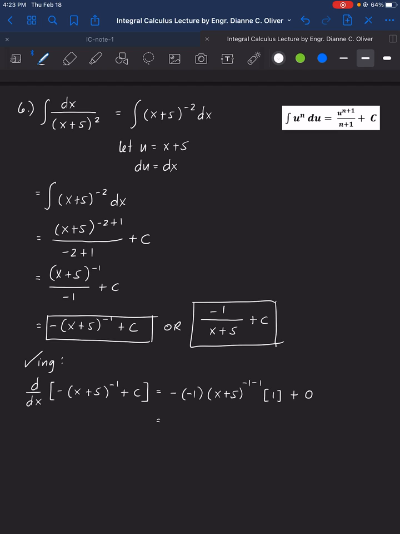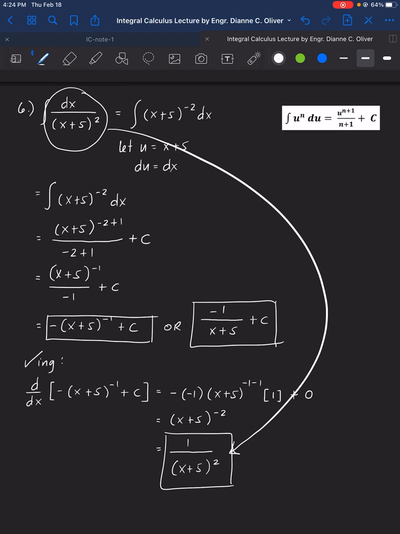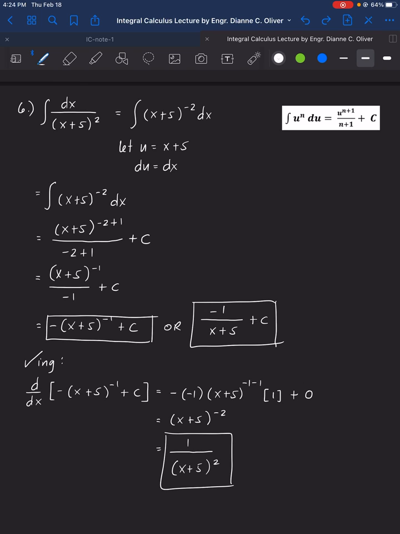Now that is equal to negative, this becomes positive. Positive 1, then we have (x + 5) raised to negative 2, therefore that becomes 1 over (x + 5) raised to 2. Okay, so again, similar to this one. Therefore, our process is correct.